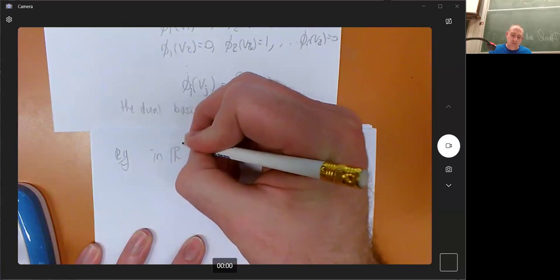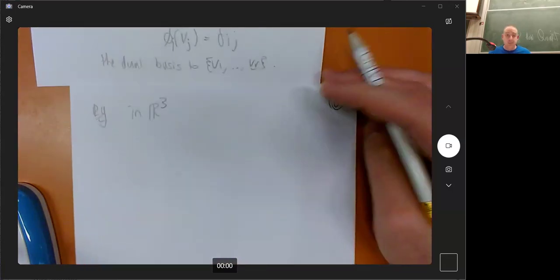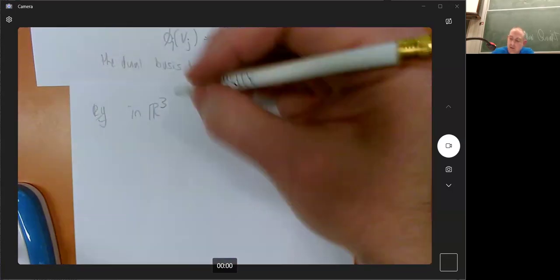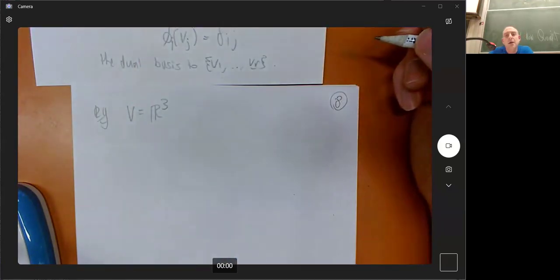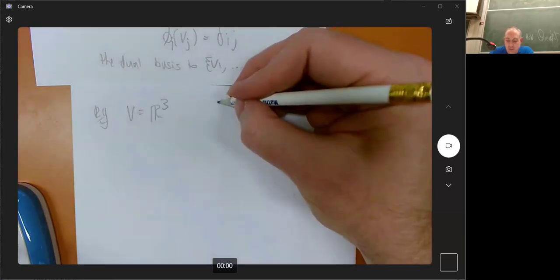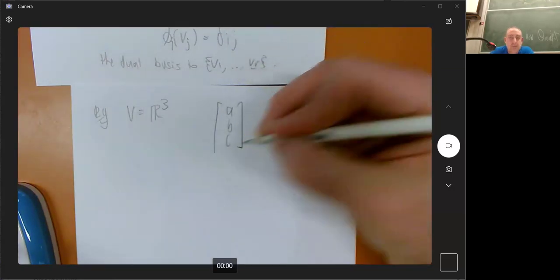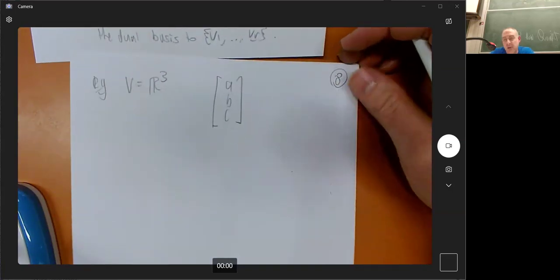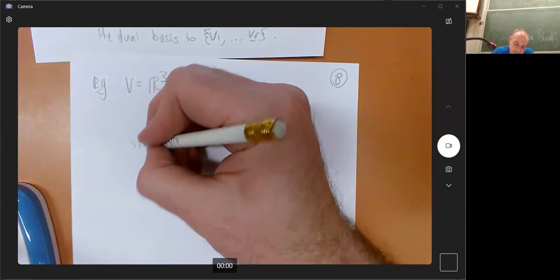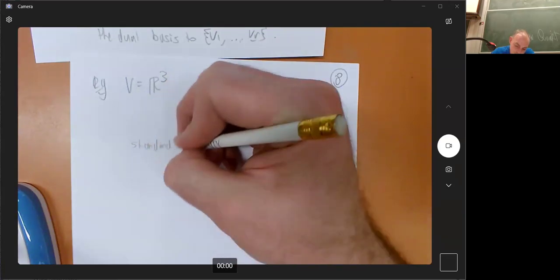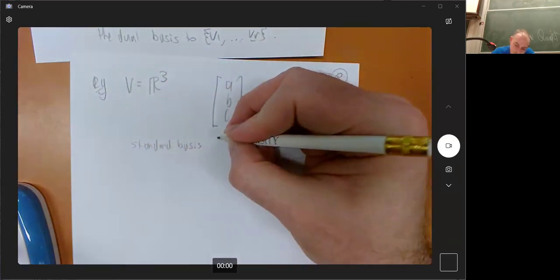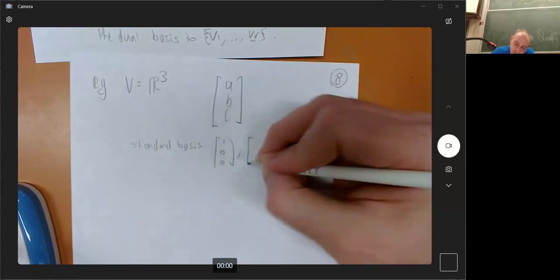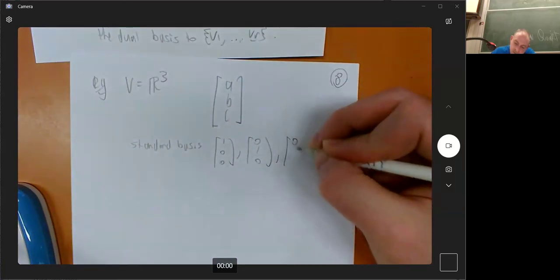So in R3, for example, that's my V. My V is going to be R3, which is made of things like this, A, B, C. And it has a standard basis, you know, 1, 0, 0, and 0, 1, 0, and 0, 0, 1.